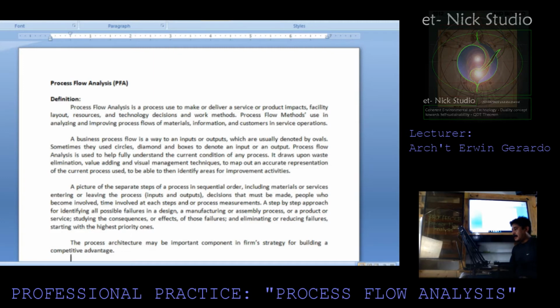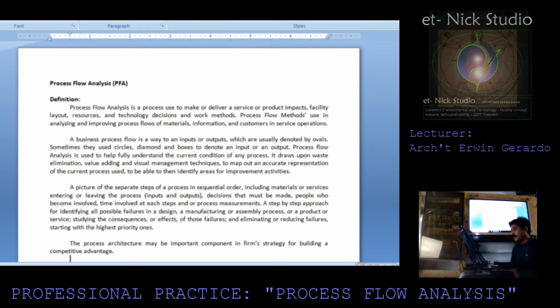Definition of process flow analysis: Process flow analysis is a process used to make or deliver a service or product that impacts facility layout, resources, technology decisions, and work methods.